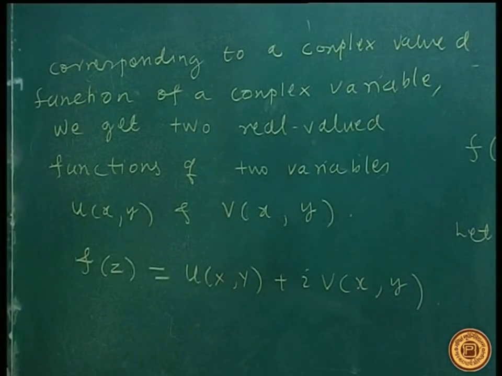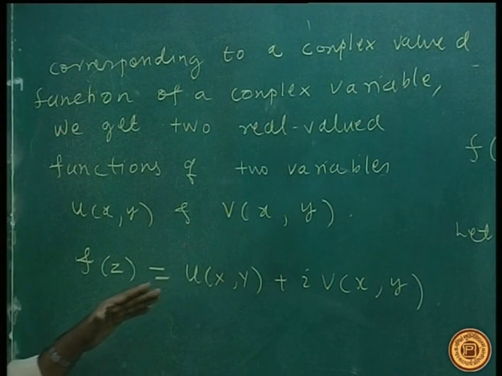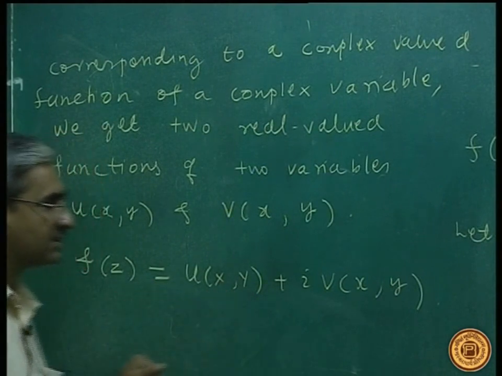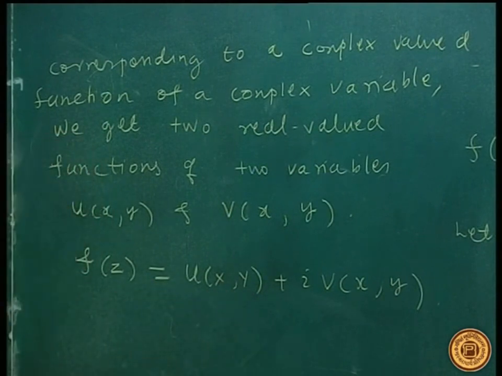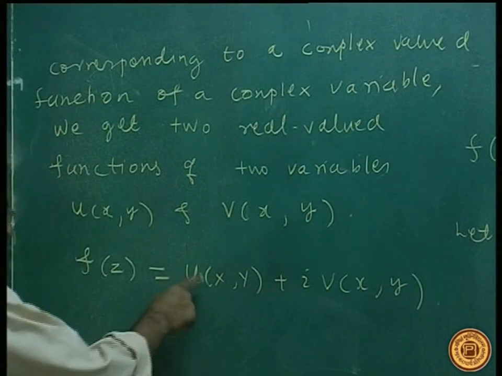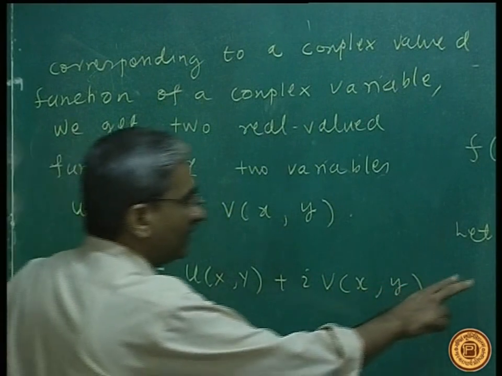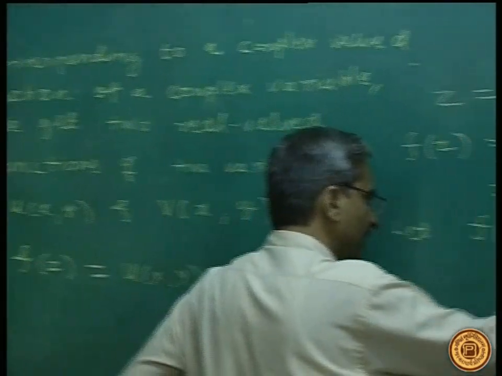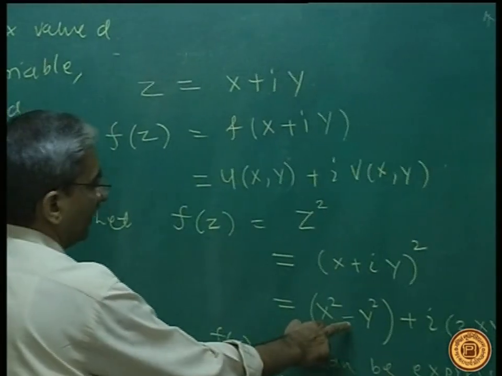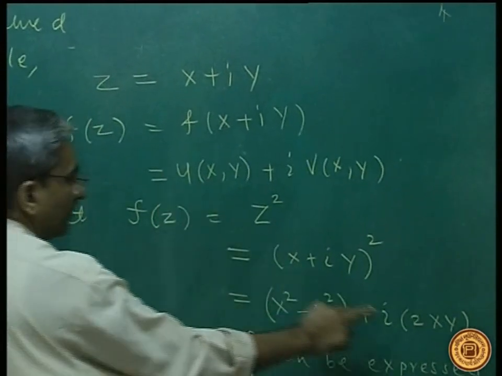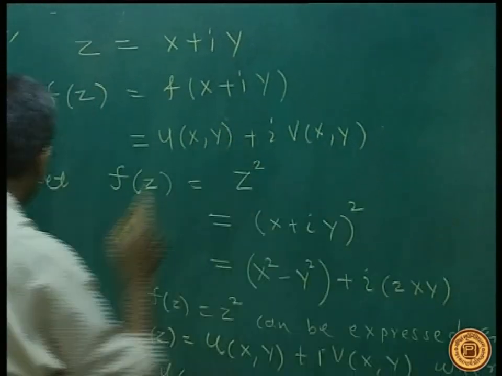So we will take some examples where we will compute this u(x,y) and v(x,y), like we have done here for f(z) equal to z square, where we have x square minus y square as u(x,y) and 2xy as v(x,y).